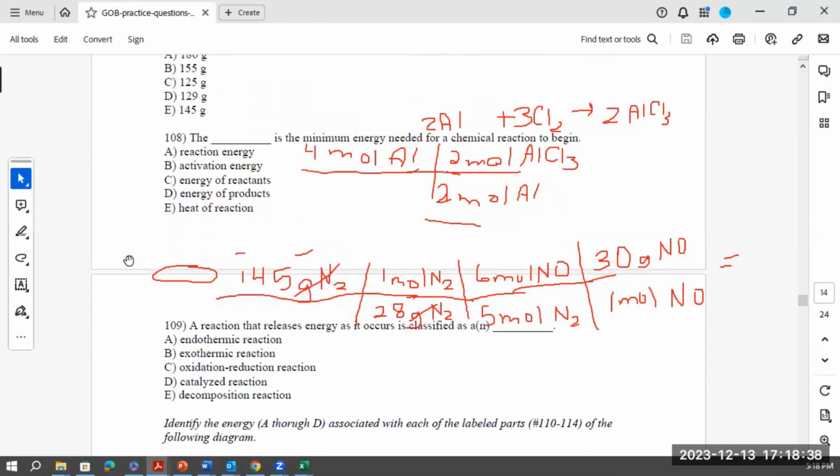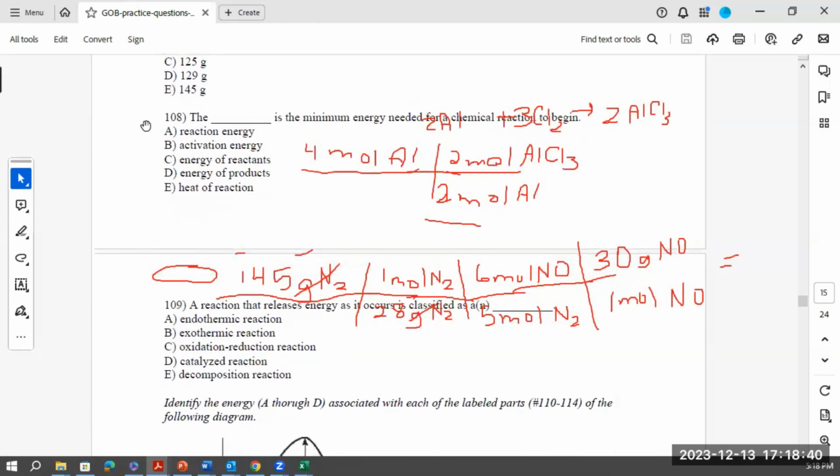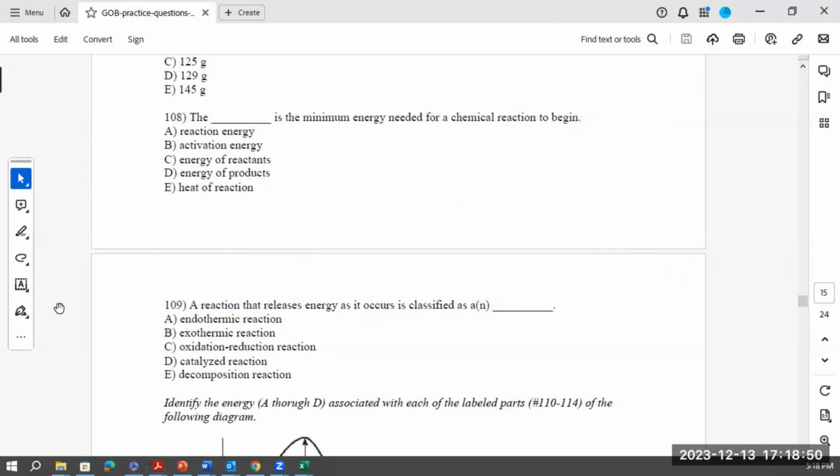Okay. So this is another thing that we did not talk about, the activation energy, but we'll talk about it real quick. And again, anything that you guys get right is extra if we don't go over it. So it says the blank is the minimal energy needed for a reaction to begin. So in this case, we would call that the activation energy.